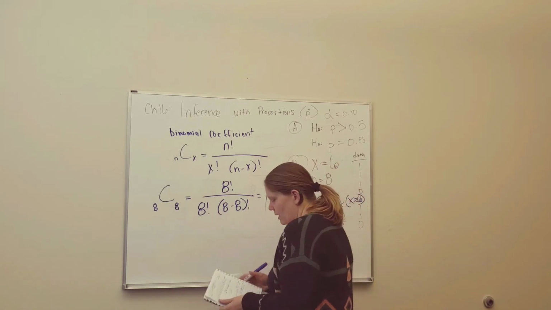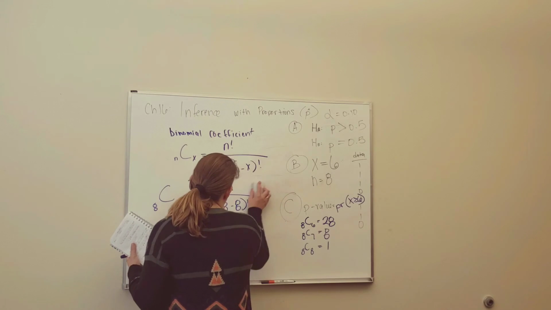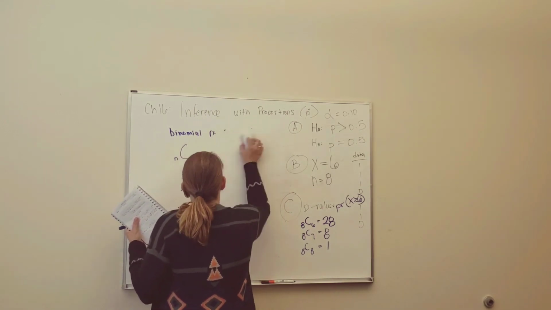Okay, so now we have almost all of the values that we need to calculate our p-value. Hopefully you understand the binomial coefficient a little bit better.